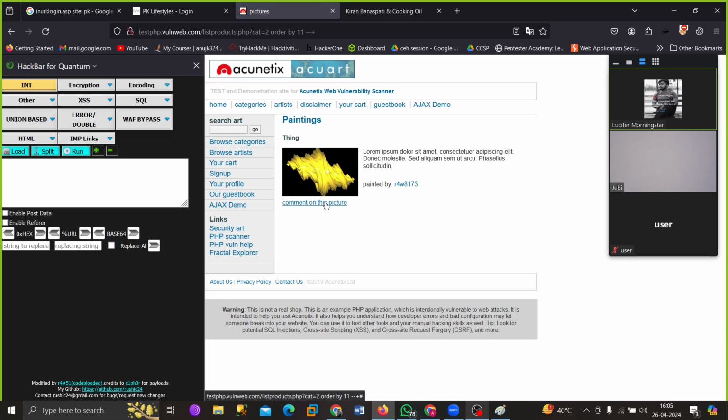Okay, guys, when I put 12 columns, I was getting error. When I put 11 over here, I got the output, I got the parameter, I got the reflection, right? That means in this website test PHP there are 11 columns.